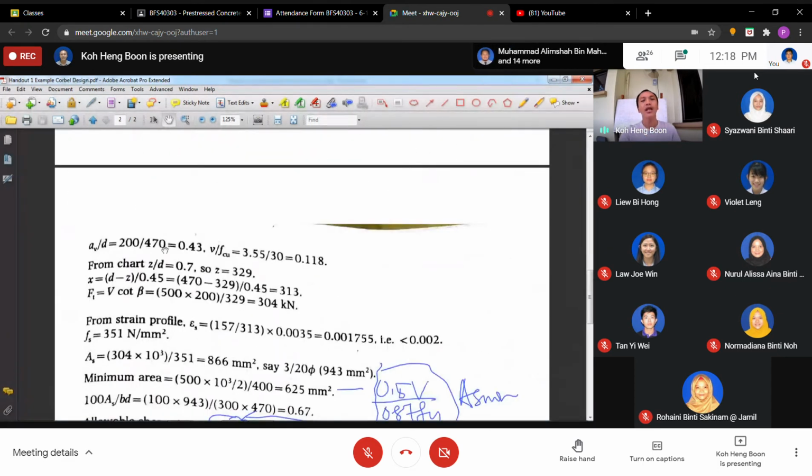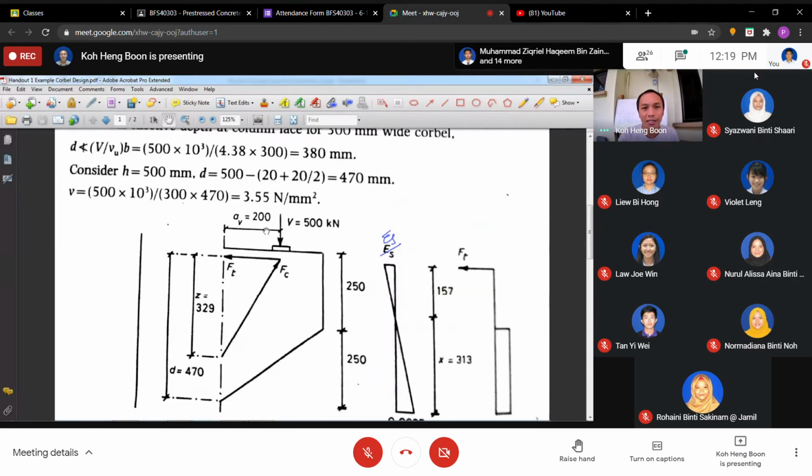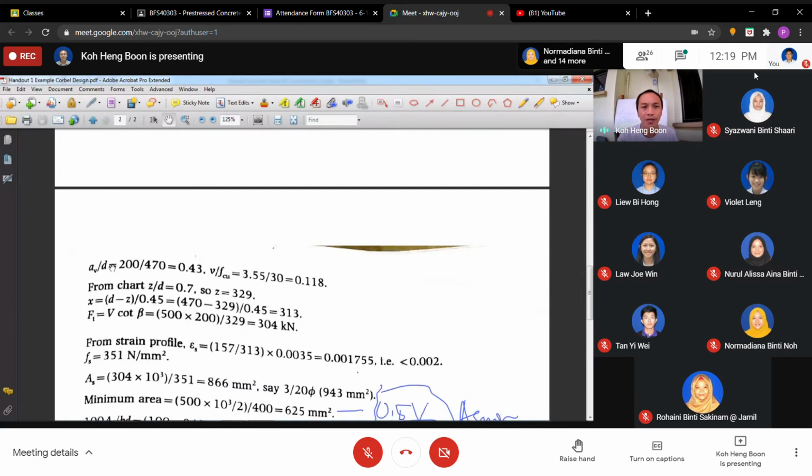Okay, so now we're going to use the design chart. We calculate AV over D. AV is the distance here, the vertical force up to the surface of the column, 200.